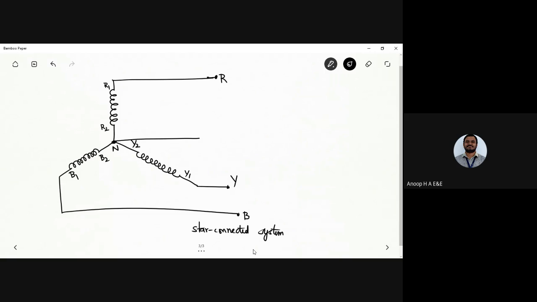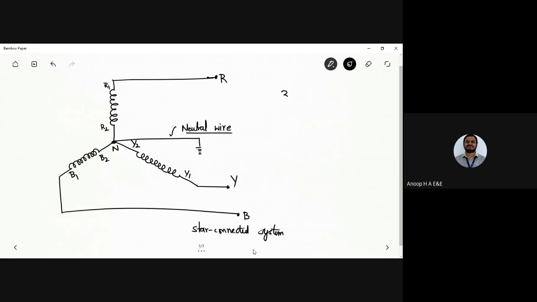And this is the neutral wire which is used for the grounding. Now I have this neutral wire present. How many wires can you see here?